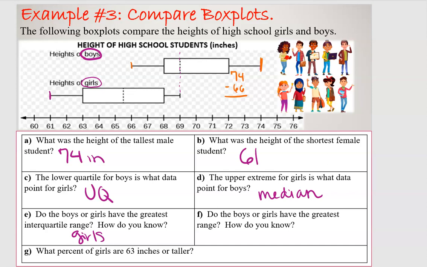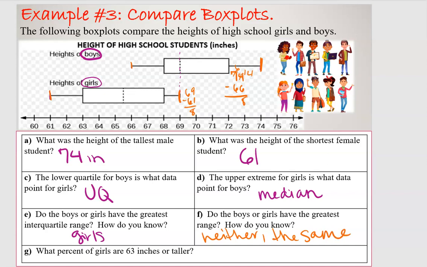And then for the girls, it's from 69 down to 61. So 69 minus 61, we know is 8. So in this case, they actually both have the same range. They both have a range of 8. So neither has the greater range. They're the same.